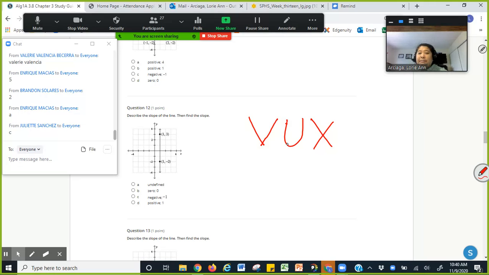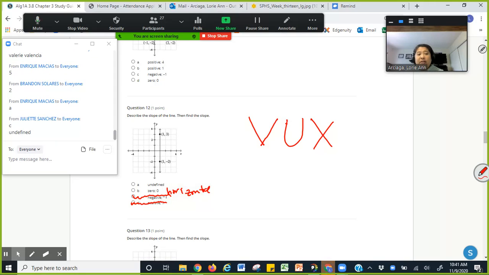Anybody? What's the slope of a vertical line? You said it can be negative because it has to be a line going down. It can't be positive either because it has to be a line going up. So you're left with A or B. But we said earlier a 0 is for horizontal, right?